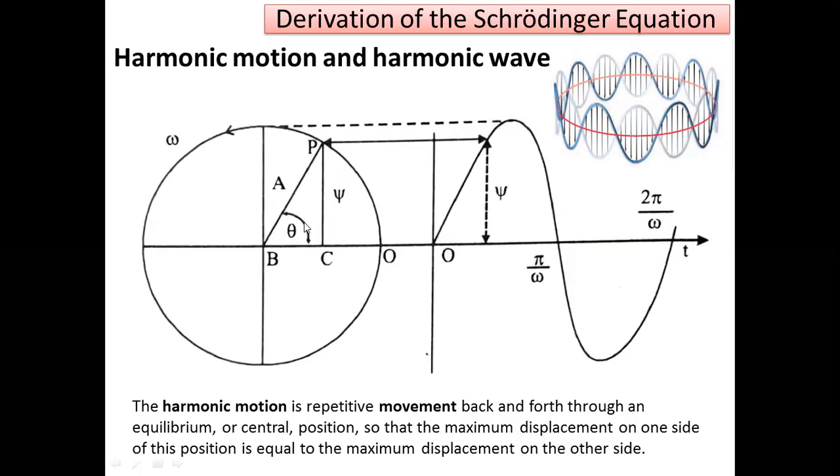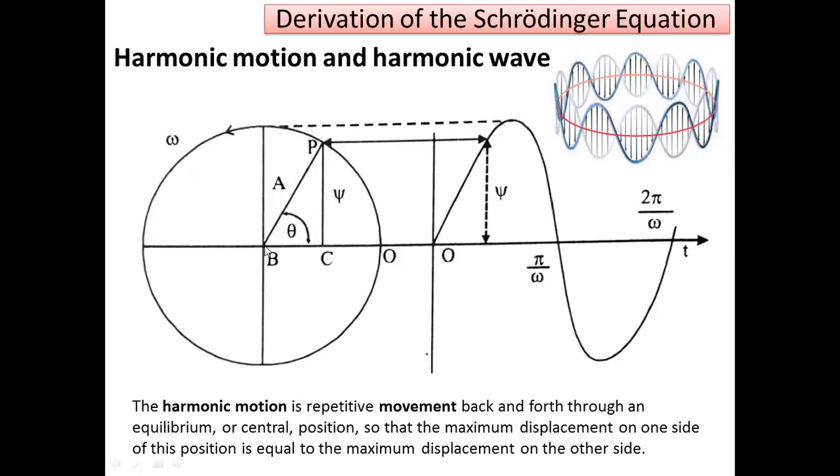If it is moving in this direction, the path is covered in a circular path, and the wave is displayed from 0 to this. If it is moving like this to this point, then the wave should be at this. Similarly, this behavior goes around the circle. So here, this is the wave function.